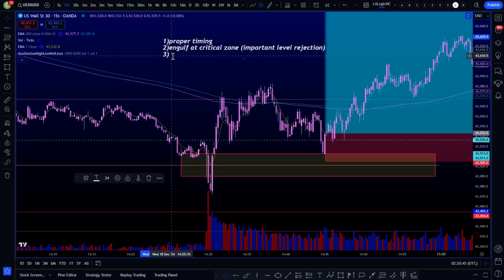Boom. 3, you could use EMA, 7 EMA. What would you call it? EMA confirmation.